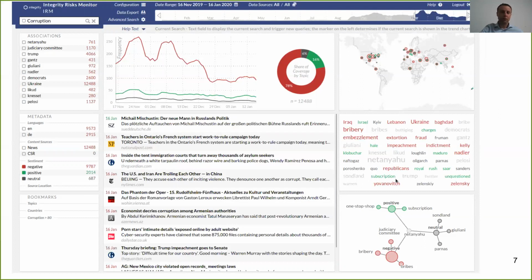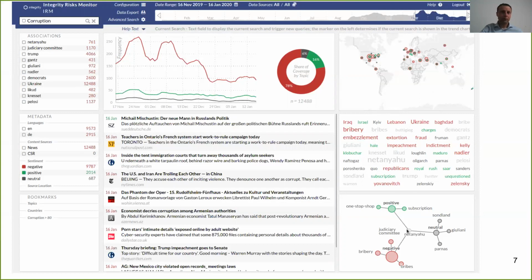In my case, that's now English, because these aggregated metrics are actually translated in real time. You also see the fraction of negative and positive coverage and the distribution, the geographical distribution across the world, plus a tag cloud that is specific to the search query, plus a keyword graph for analyzing it.